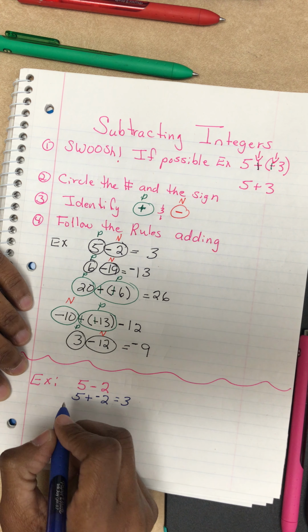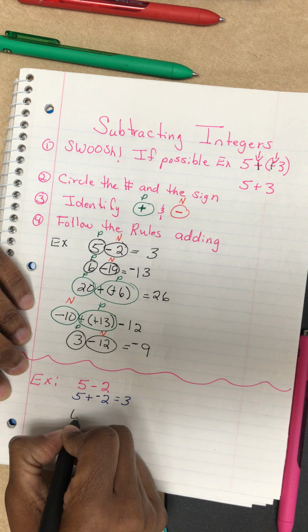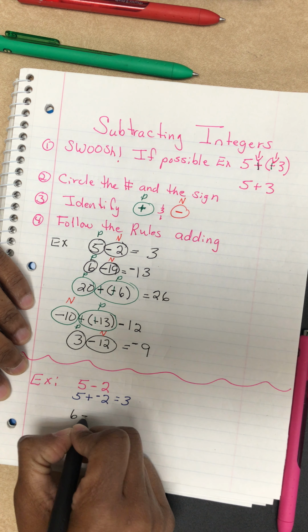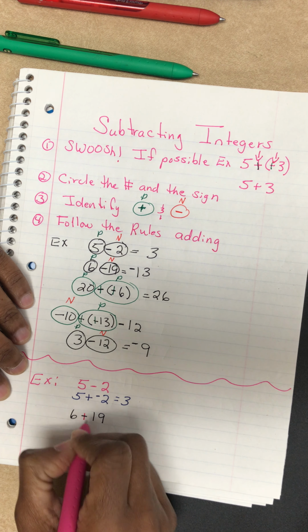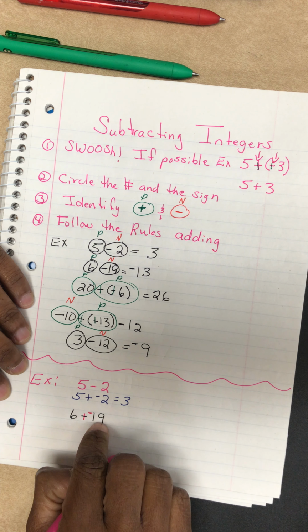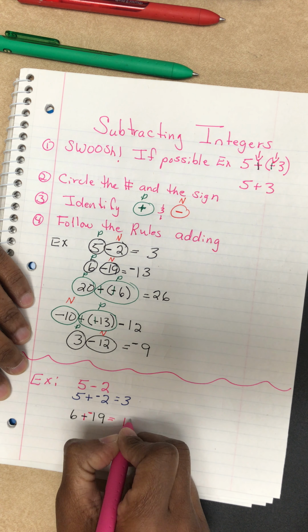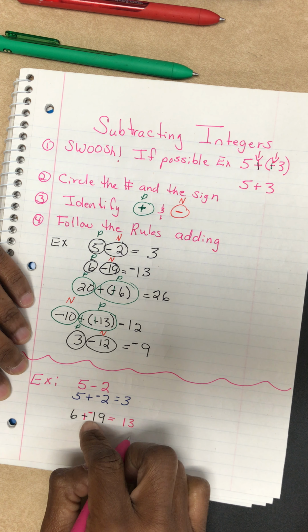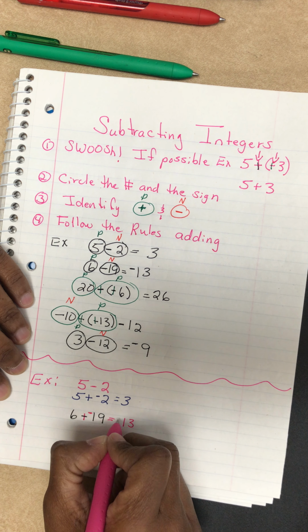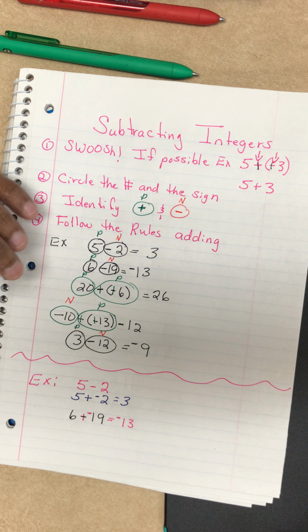Let's do the second one. 6 minus 19. Change this to a positive. We're going to add its opposite, which would be a negative 19. 6 from 19 is 13. The largest number is negative, so it will be a negative 13. So you see that both ways work.